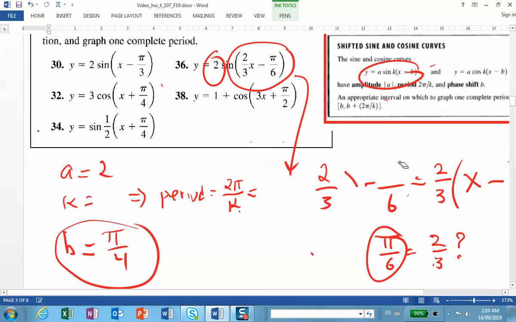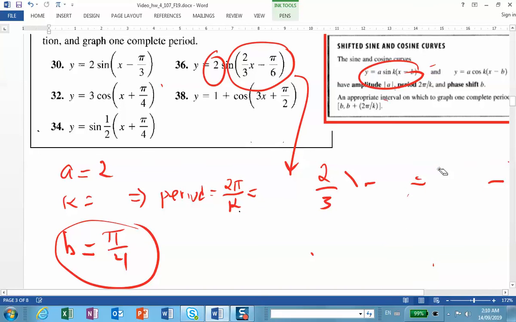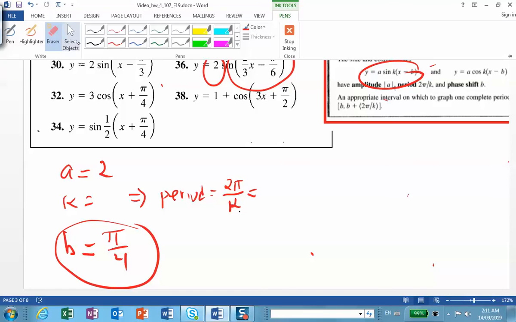So now it looks in the form that you have here. By the way, the period. What was the value of k? K was 2/3, I erased it, but it was 2/3.